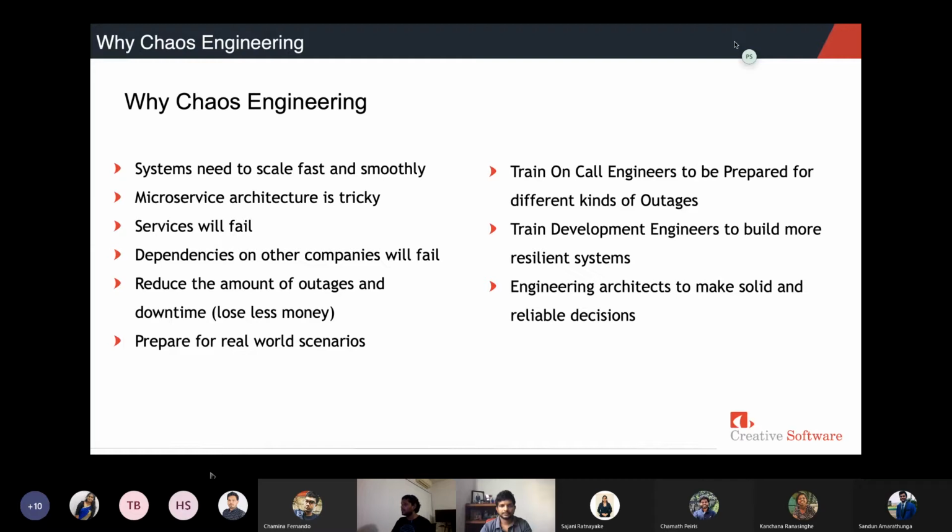So even if you have on-call engineers, they might not have anything to keep practicing on these failures. So it's good to have these kinds of failures simulated over time, so that they have good practice to recover from them very fast.